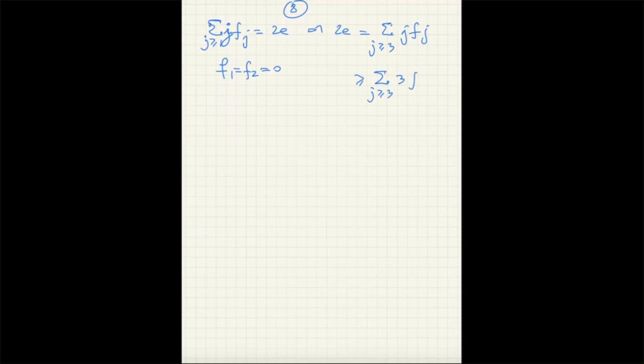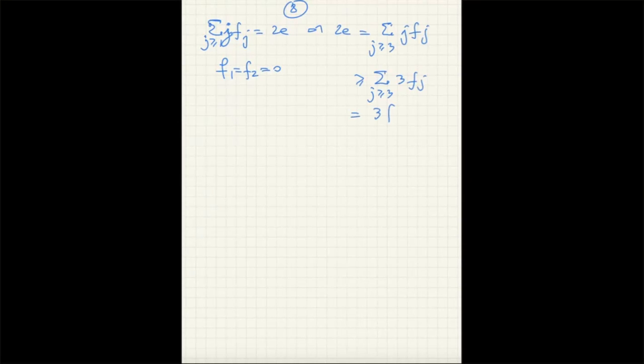Each face has F_j equal to 0 for j less than 3, so we have 2E is the summation over j greater or equal to 3 of j times F_j, which is greater or equal to the summation of 3 times F_j.